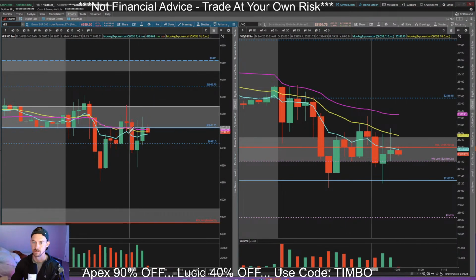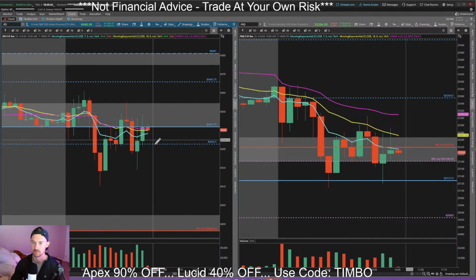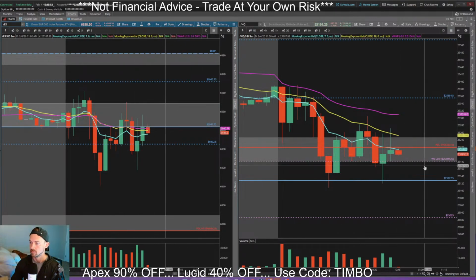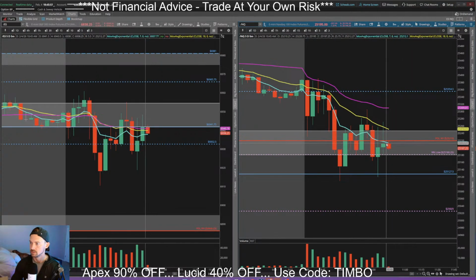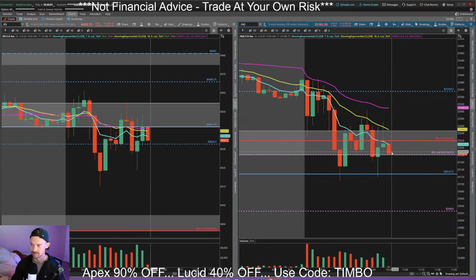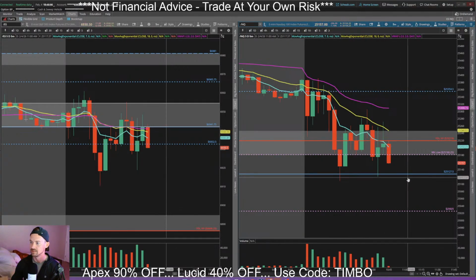These EMAs are kind of just sideways right now on ES, usually a sign of just sideways action, consolidation, choppiness. So a good time to pump the brakes. Although NQ, I mean, it still looks like it wants to drop. And there it goes.